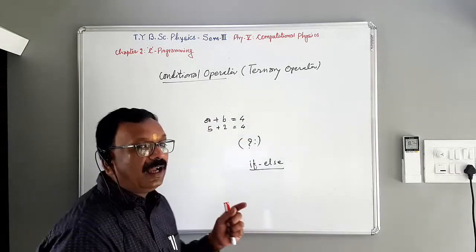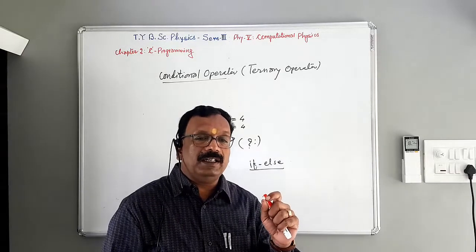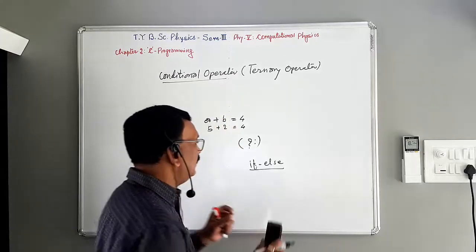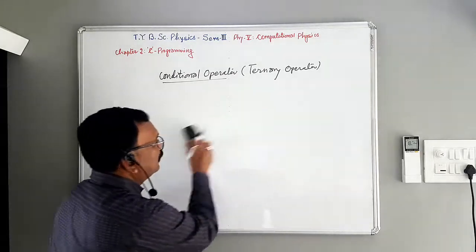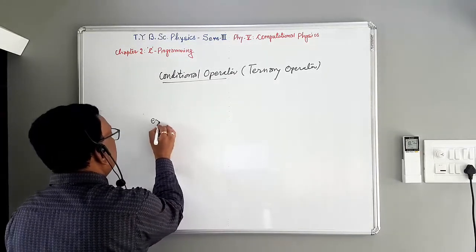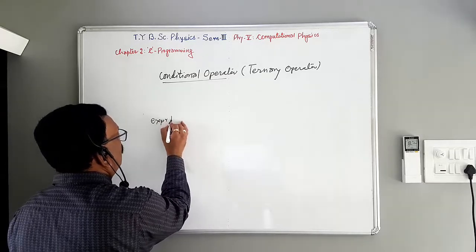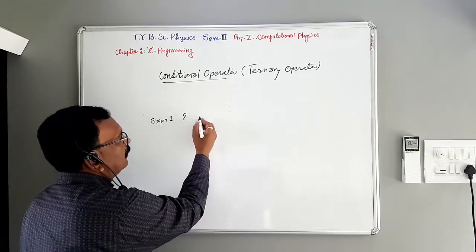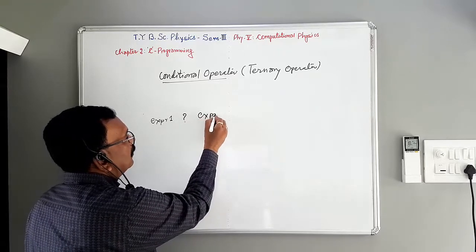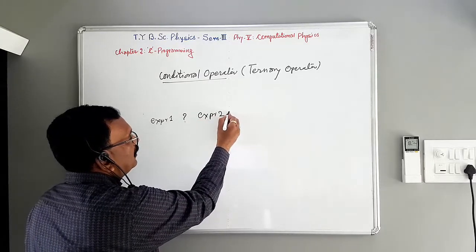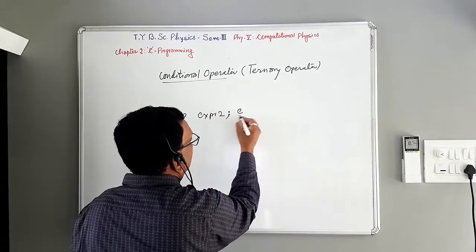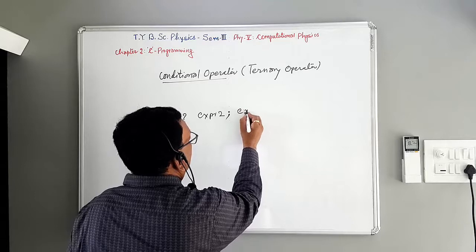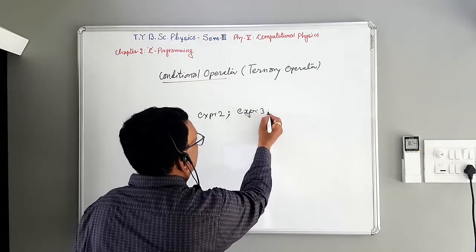Now we are going to see how the conditional operator is written in C program. The conditional operator can be written in the form like this: expression 1, question mark, expression 2, colon, expression 3.